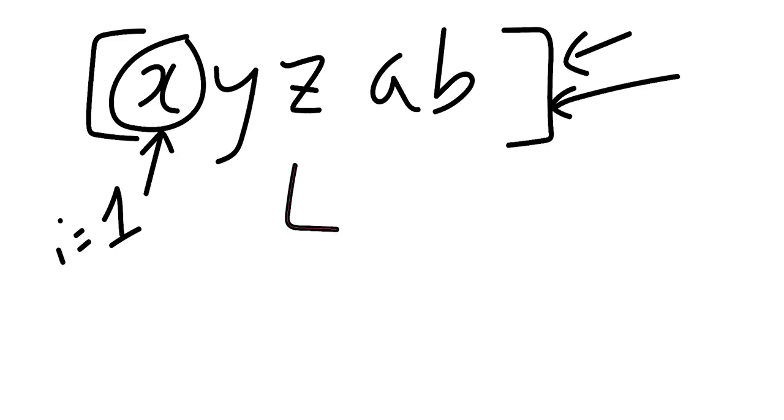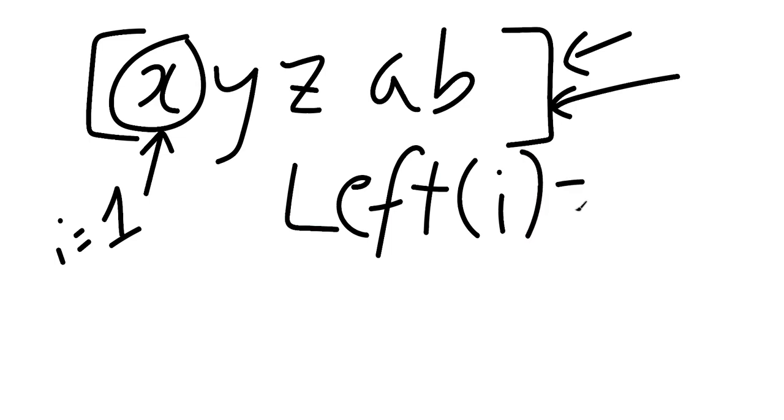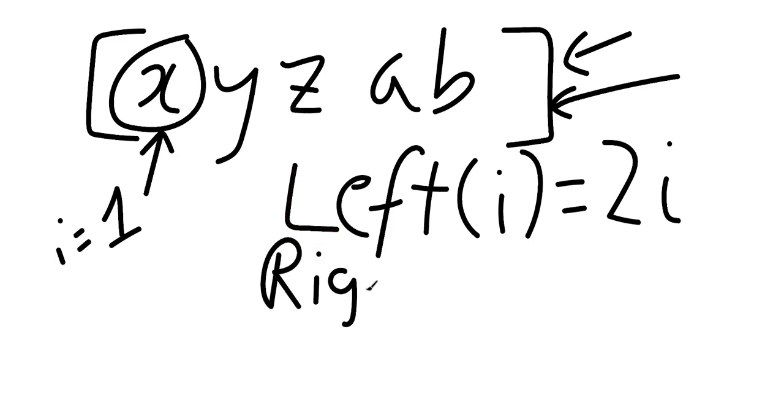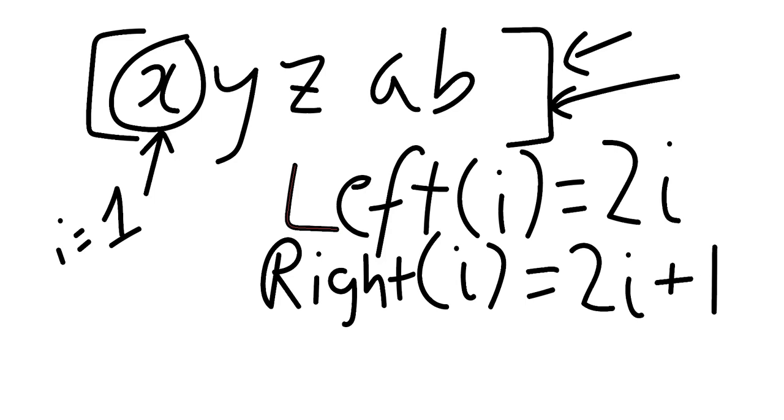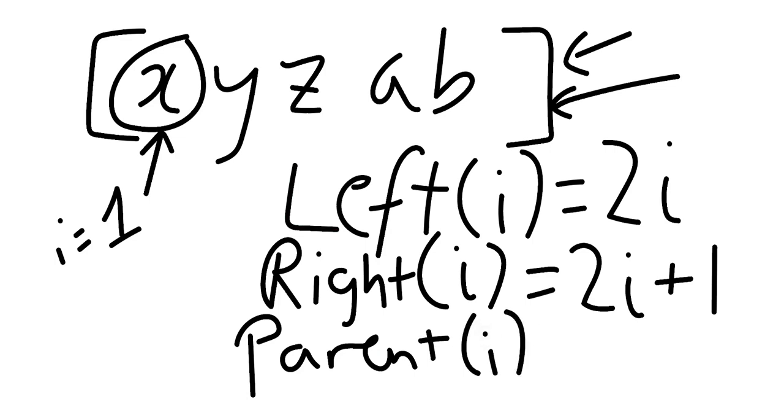So the left child of the element at index i is going to be found at index 2i. The right child of the element at index i is going to be found at index 2i plus 1. And the parent of the element at index i can be found at the floor of i over 2.